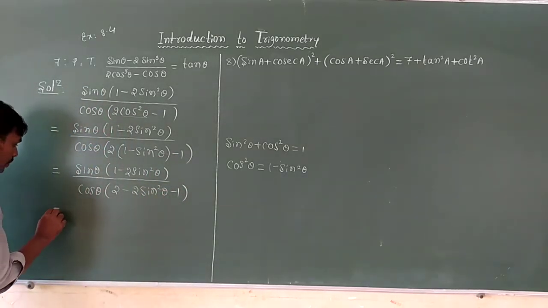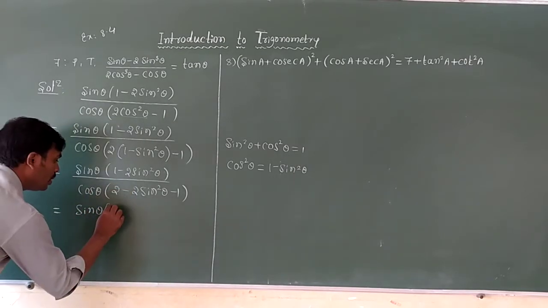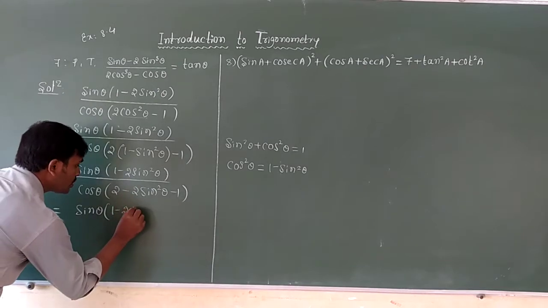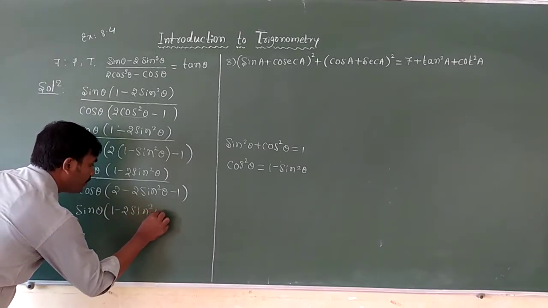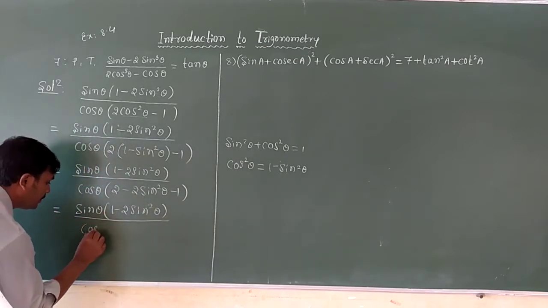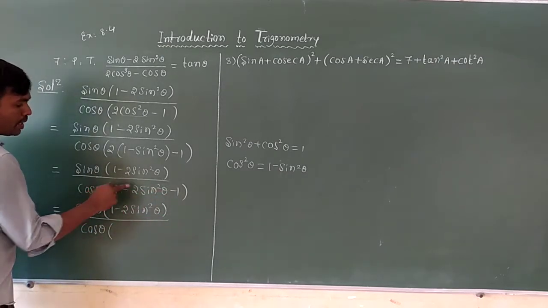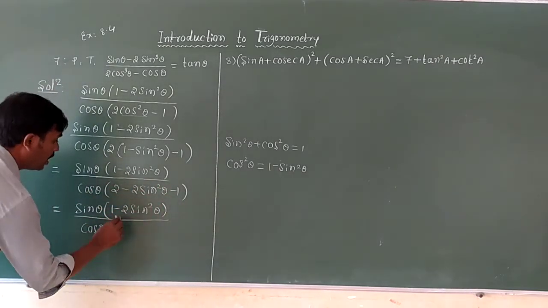So this is equal to sin theta into (1 minus 2 sin square theta) whole divided by cos theta into, here it is plus 2 minus 1. Plus 2 minus 1 is what? Plus 1.